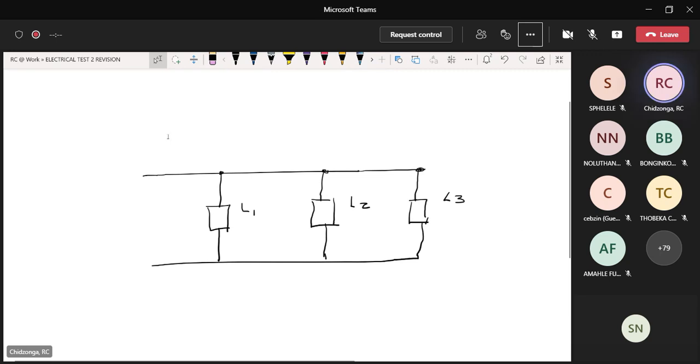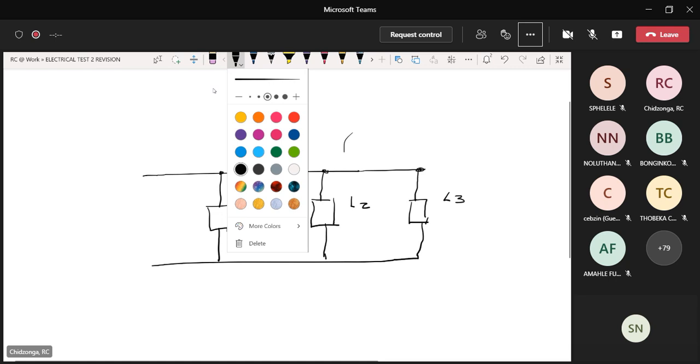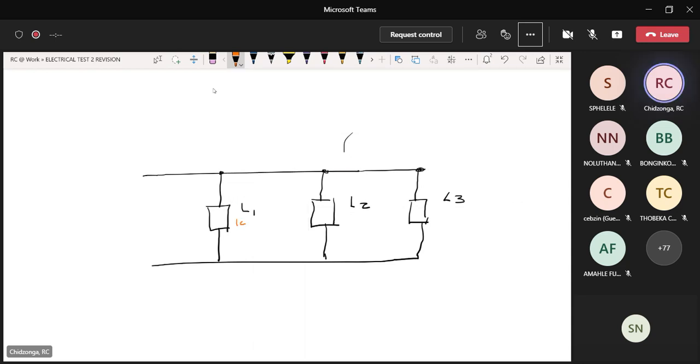So in this instance, load 1 is 110 kilowatts at an efficiency of 0.75 and a power factor of 0.75 again.